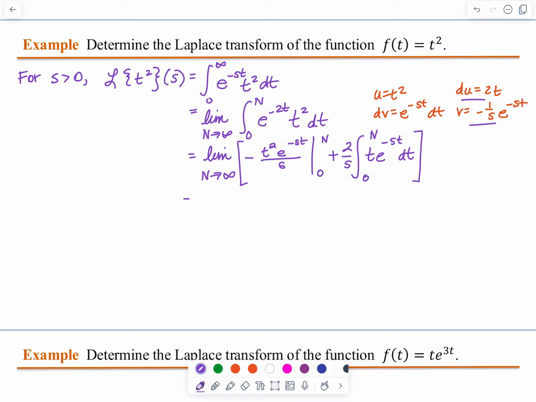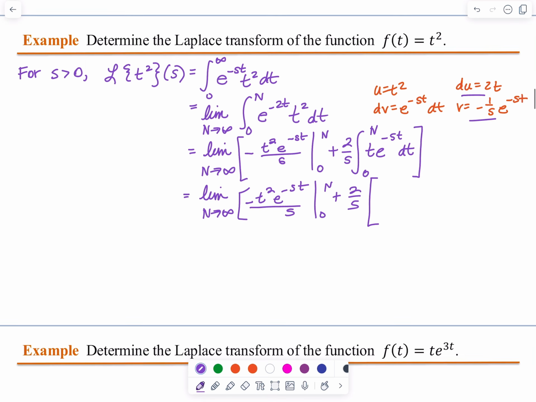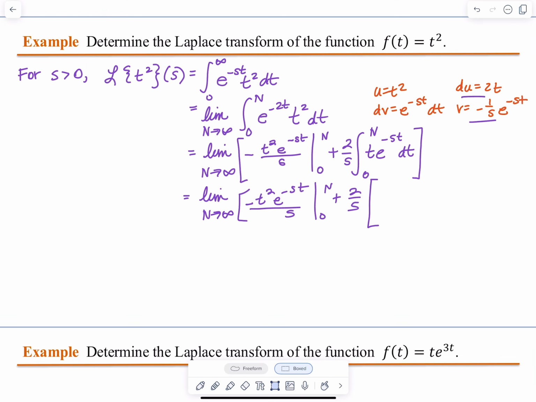Okay, so continuing in the same fashion, we'll have the limit as n approaches infinity. So we have negative n squared e to the negative sn over s. Let's go ahead and just keep this. And now we have another integration by parts.